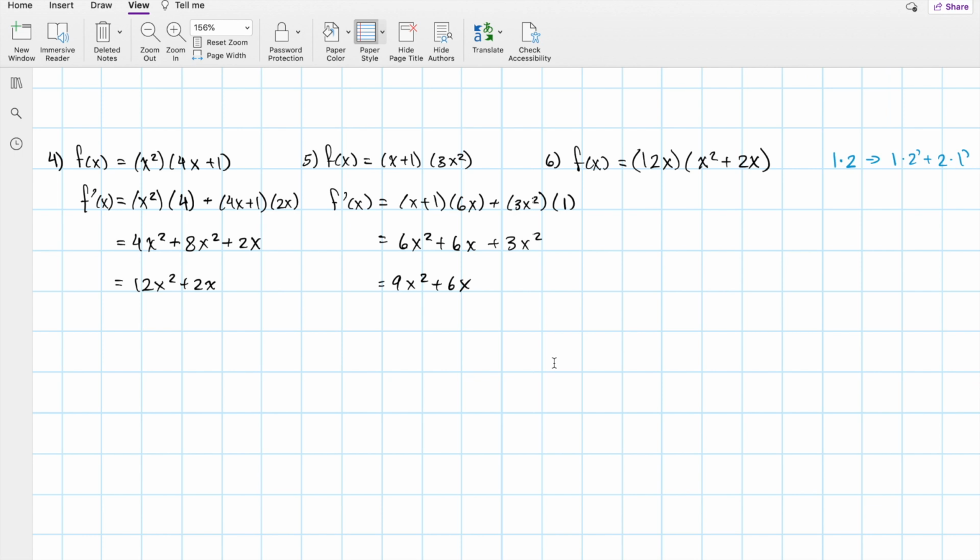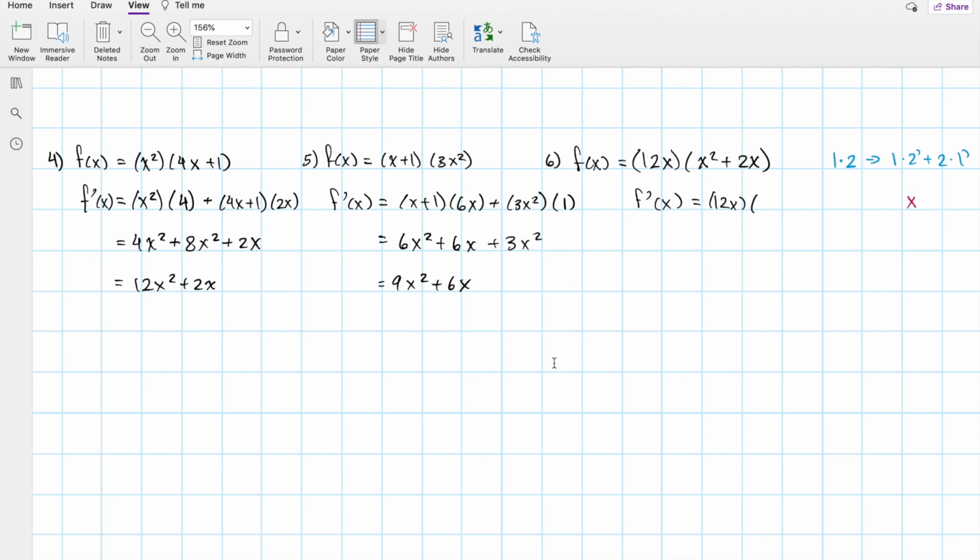Okay, number 6, f prime of x. So this one looks a little more scary. Again, you could always just simplify it right away before you actually solve for the derivative. I always recommend that. Just to practice our power rule, we're going to leave that as is for now. Our product rule, so we get 12x, leaving it as is, multiplied by the derivative of x squared plus 2x.